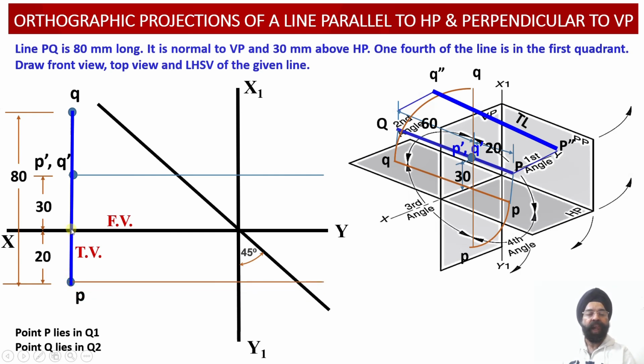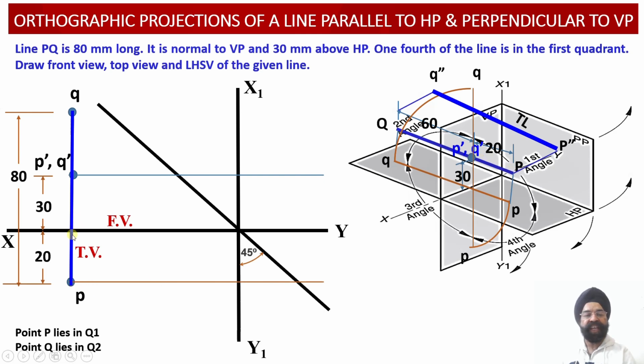Now we have to transfer the distances corresponding to the plan into the profile plane over here. So please check point P, it is located at a distance of 20 millimeter in front of the vertical plane. We can check it over here. We can check it out even in the model. So in the 3D spatial model that we have drawn, point P is located 20 millimeter in front of the vertical plane.